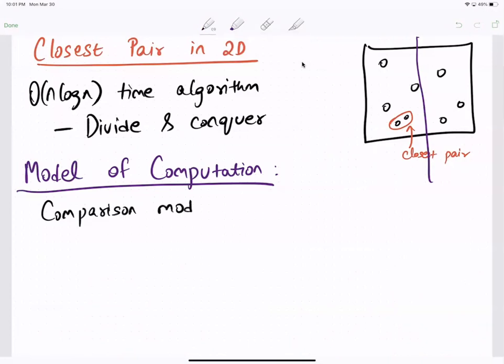In the comparison model, we perform very simple operations such as greater than, less than, or equal to on the input points. We won't do any fancy operations. We only do these simple operations on the input points, and that is enough to compute the closest pair. And it can be shown that this n log n time algorithm is optimal in this model.